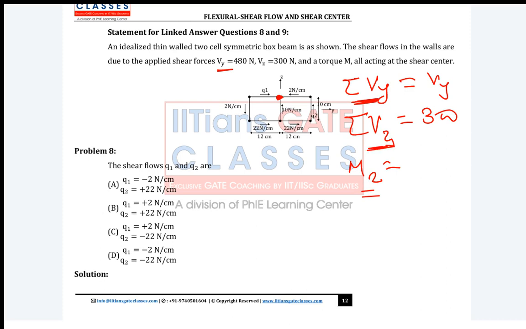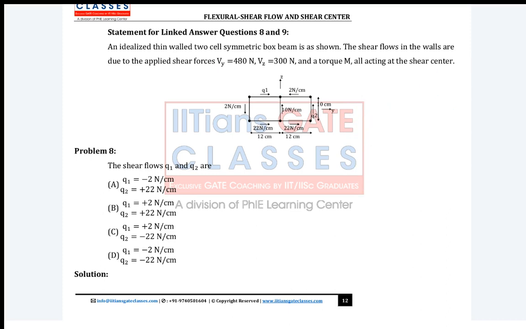So this is 300 and this is 480. Now guys, how do you take sigma Vy? See, this is the positive y direction. Will a vertical shear flow give force in the horizontal direction? Quickly guys, yes or no?